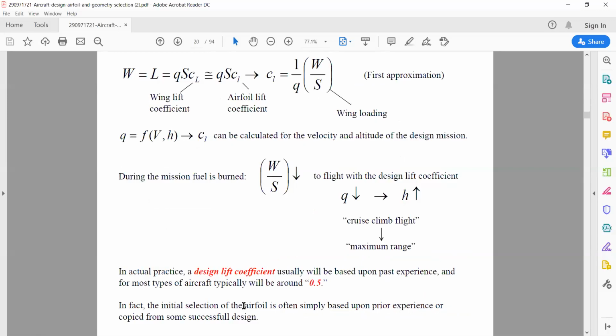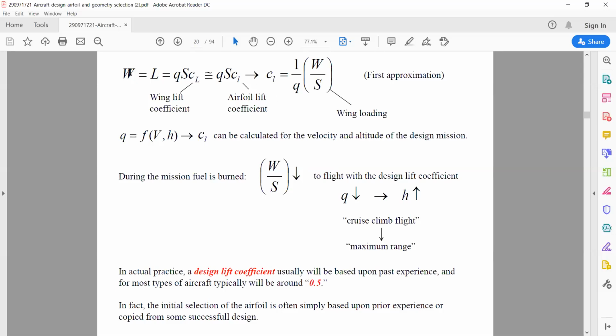You can see that W is equal to L, weight is equal to lift, and this is called wing loading. Already we know that lift is equal to weight, thrust is equal to drag. Upward force is called lift, downward is weight, the forward motion is thrust, and the backward hindrance force is drag.